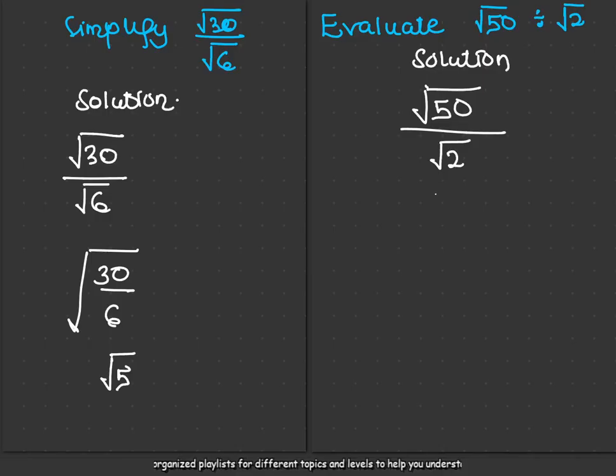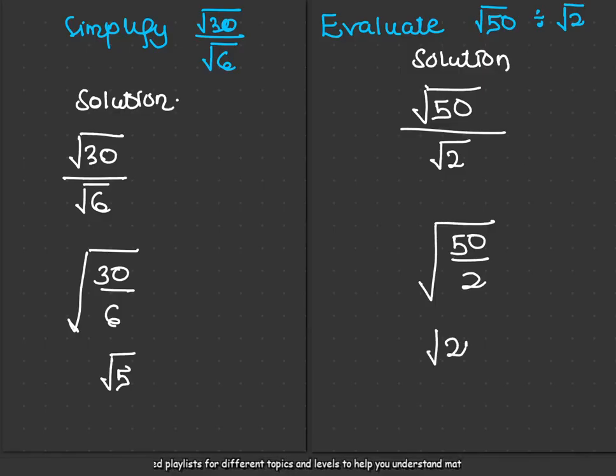Because they both have the square root, we just rewrite it as 50 divided by 2. And 50 divided by 2 gives us 25. So we have root 25. Now, we know the root of 25 exists, and the root of 25 is actually 5. So this here is our final answer.